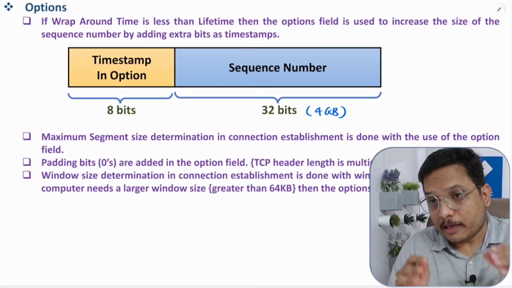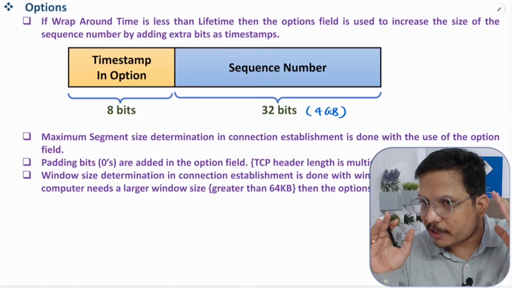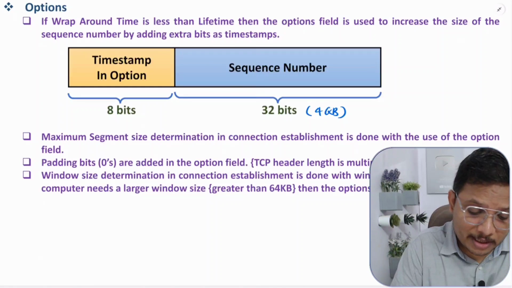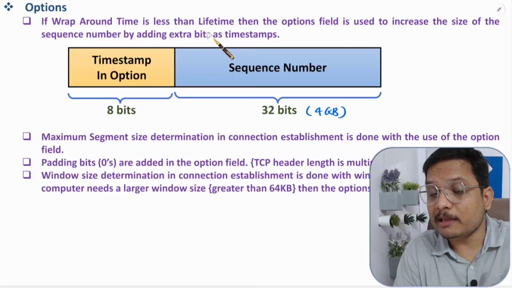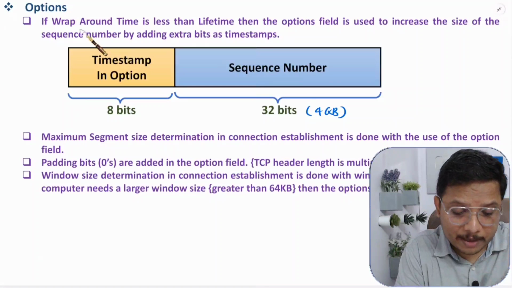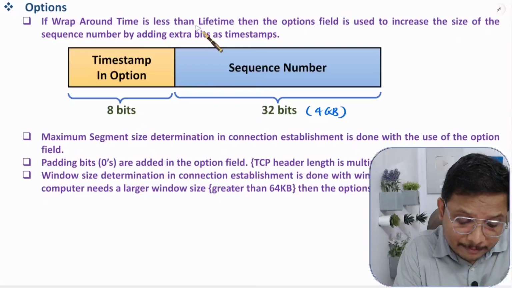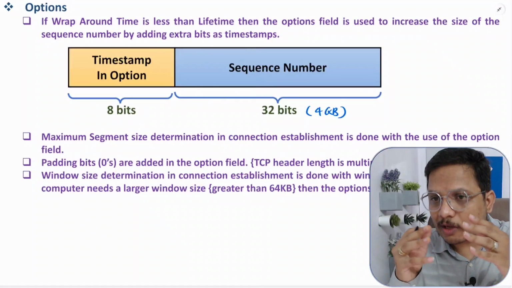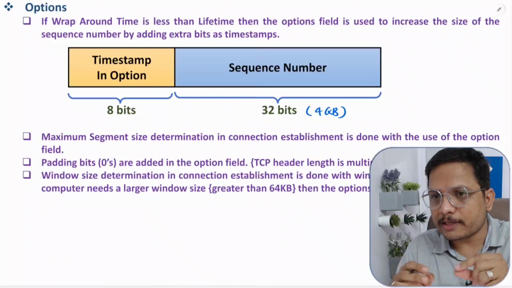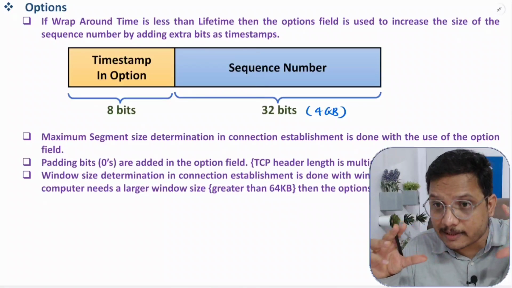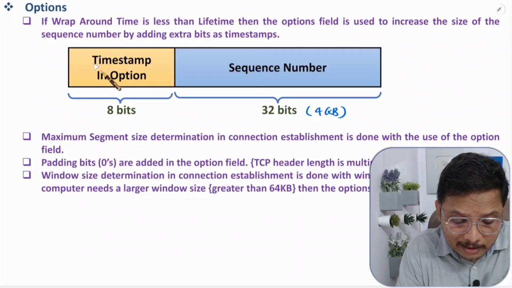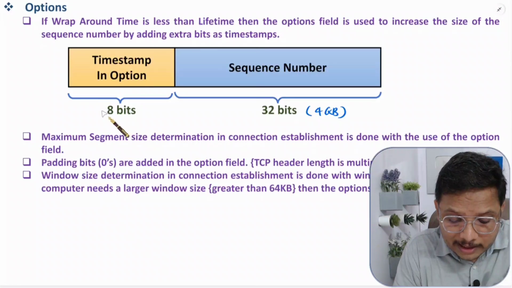But if the bandwidth of the computer network is large, then it is possible that the lifetime will be more than the wraparound time, and then there can be issues. To resolve those issues, we can increase the size by increasing bits using the option field.